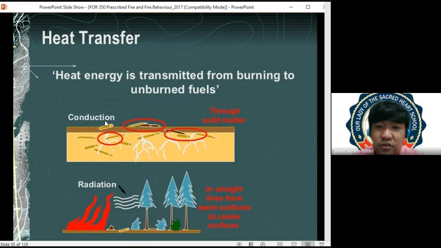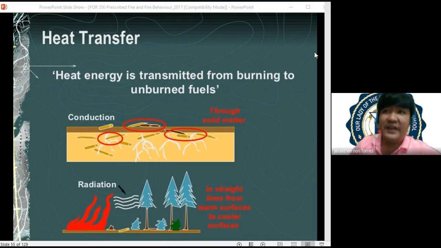It can also be by conduction through the soil. The soil can actually conduct heat energy that would cause an increase in temperature and the ignition of the fuel. It can also be caused by radiation, where we radiate heat energy to the fuel, and this radiation can cause the pyrochemicals of the different plants to ignite.